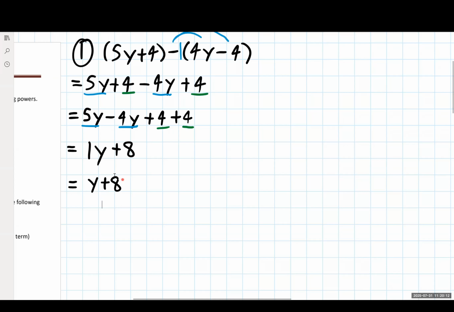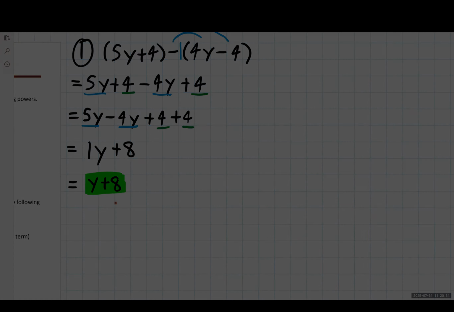Well, we always want to have constants, meaning terms that are just numbers, always at the very end. They're always on the furthest part to the right. I only have a y term showing up otherwise, so variables are in front, constants at the end. Perfect. This thing is written in standard form, and I am good to go, and that's going to be my final answer.